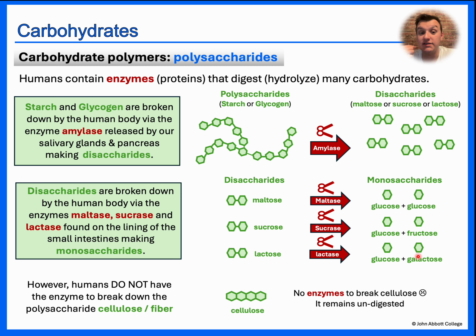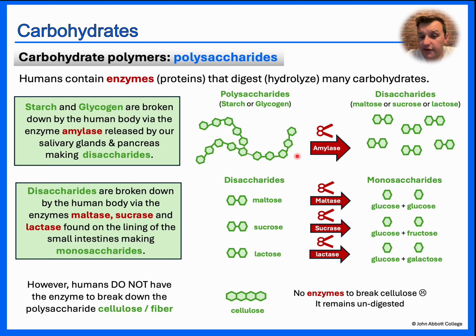So our bodies, when we eat plants, right, we eat these big things, starch and glycogen. We need to break them down. And so we have enzymes that hydrolyze, that digest many carbohydrates, right? So starch and glycogen are broken down by the human body via the enzyme amylase, released by our salivary glands and our pancreas.